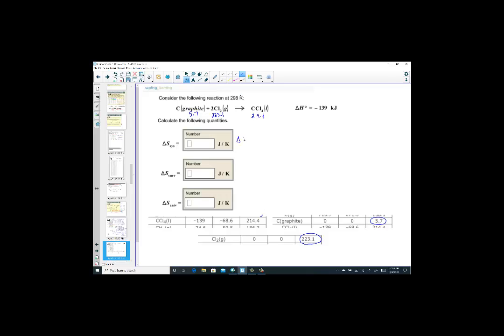So the entropy of the system is going to be taking the sum of the products minus reactants. 214.4 joules per Kelvin mole minus 5.7 joules per Kelvin mole plus 2 times 223.1.